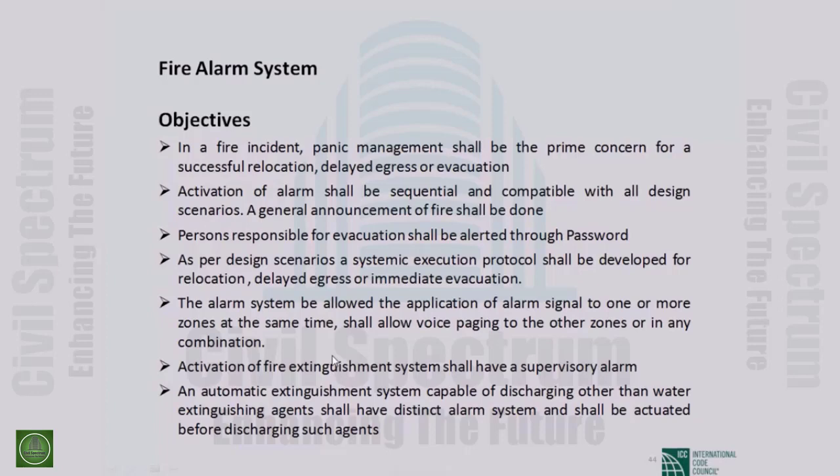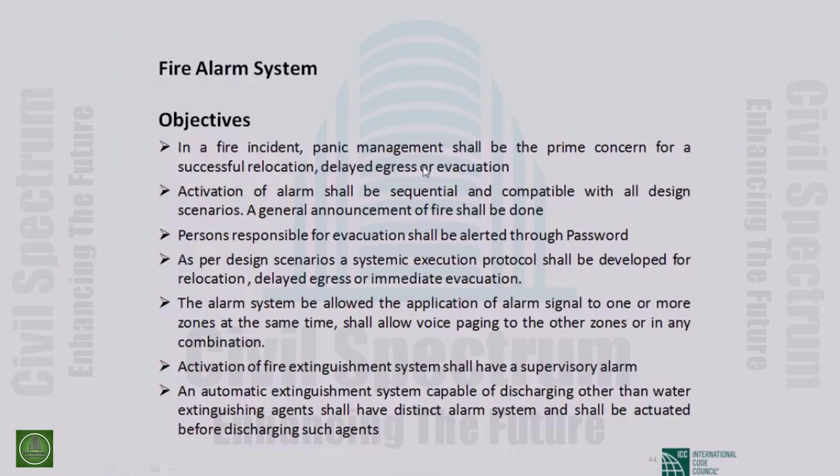First, I would like to talk a little bit about the fire alarm system, because after detection, all human beings will be alerted by the sensor that there is an incident of fire. In an incident of fire, panic management shall be the prime concern for successful relocation, delayed egress or evacuation. So you have to manage the panic situation.